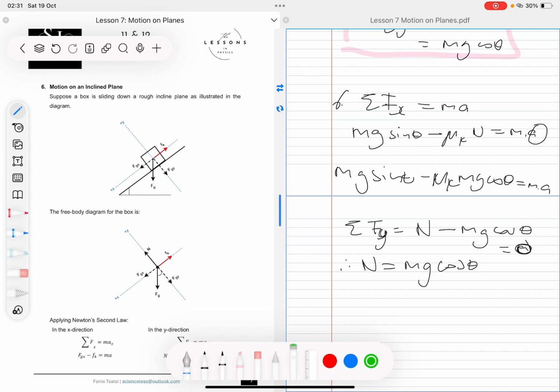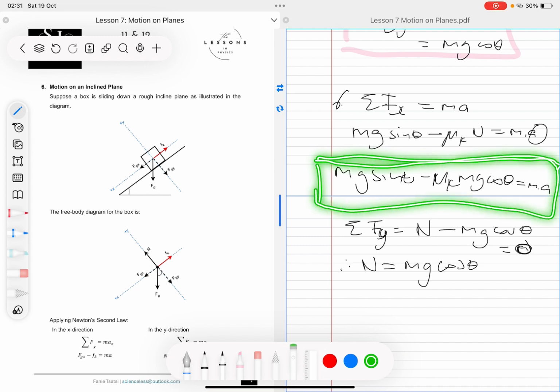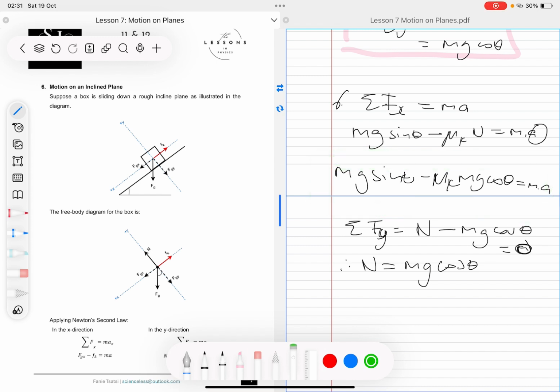Again, I'll leave it at this point, because when we are here, we can be asked in an exam to calculate any of those variables. You can be asked to calculate the acceleration, you can be asked to calculate the coefficient of friction, or even the mass of the object, right? It depends on how the question is structured.